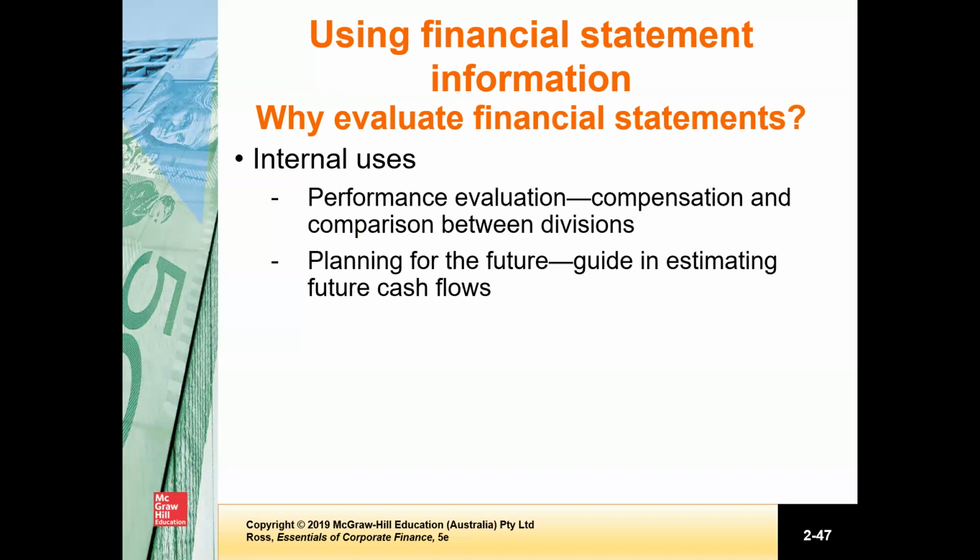Also, the firms with multiple divisions frequently compare performance among the divisions. And another important internal use of financial statement information involves planning for the future, right? Historical financial statement information is very useful for generating future projections.